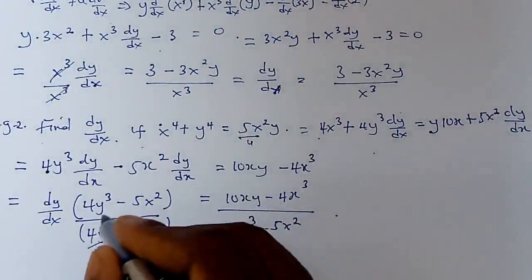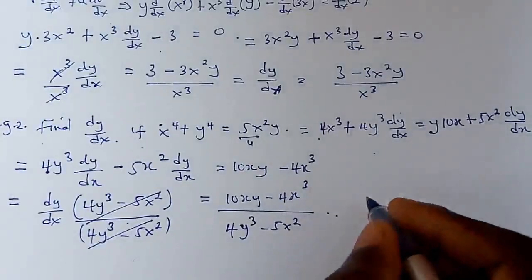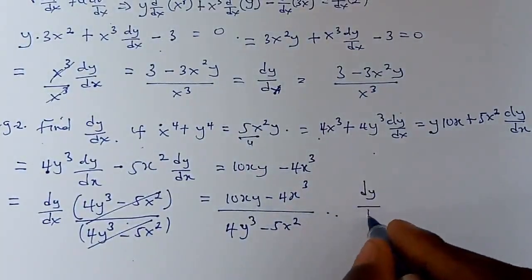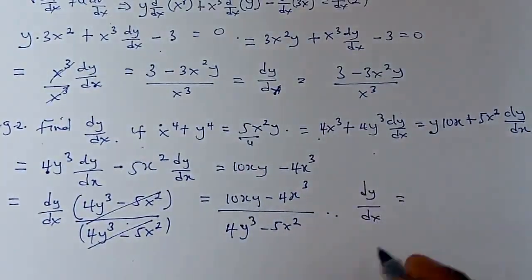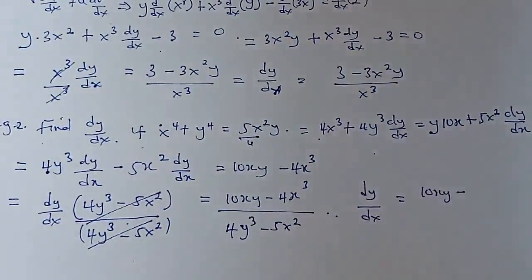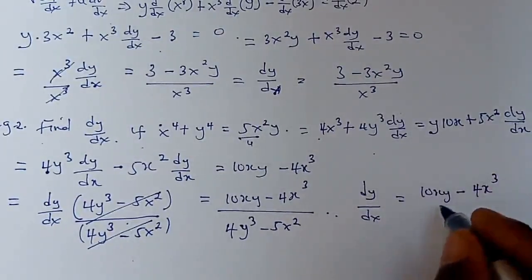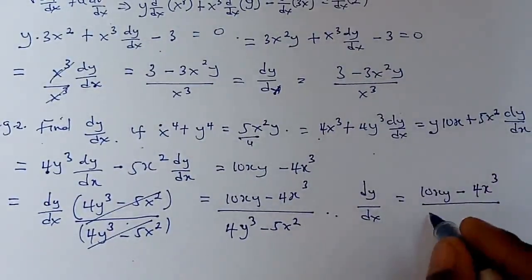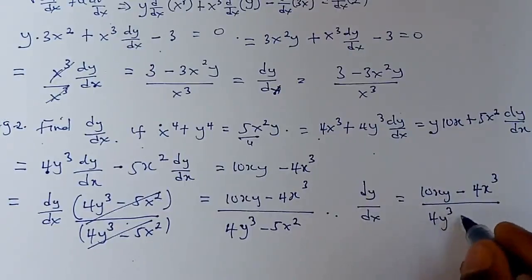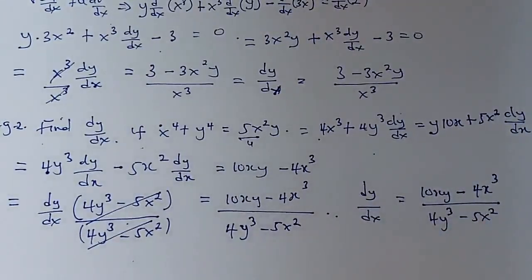So this one can cancel this one, and then our dy/dx should be equal to 10xy minus 4x to the power 3 all over 4y raised to the power 3 minus 5x squared, like this.